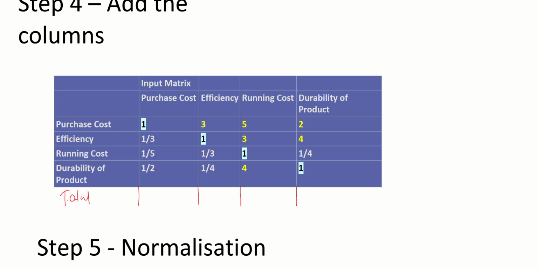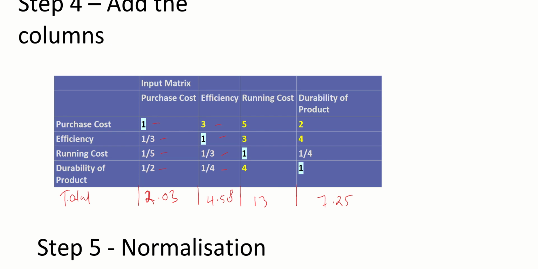So the sum of the first column, if you add this plus this plus this plus this, you should get 2.03. If you add this plus this plus this plus this, you'll get 4.58, etc. So continuing on, 13 and 7.25.